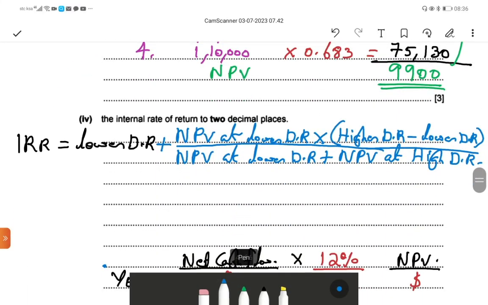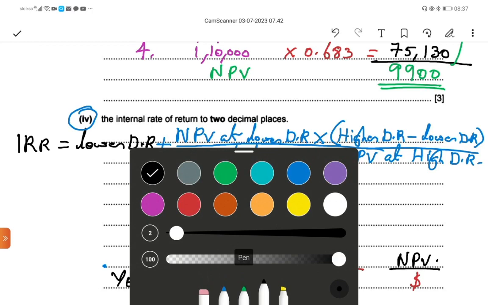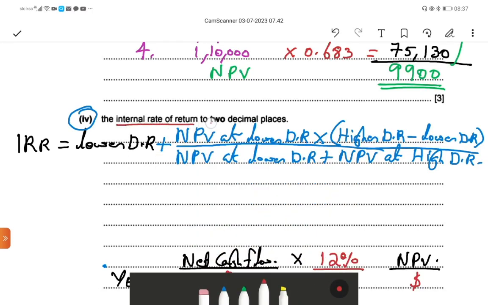Next, calculate the internal rate of return at 2 decimal places. The internal rate of return is equal to the lower discounting rate plus net present value at lower discount rate multiplied by higher discount rate minus lower discount rate, divided by net present value at lower discount rate plus net present value at higher discount rate.